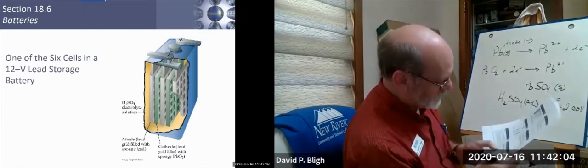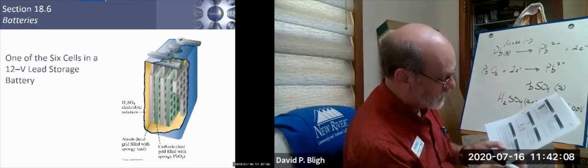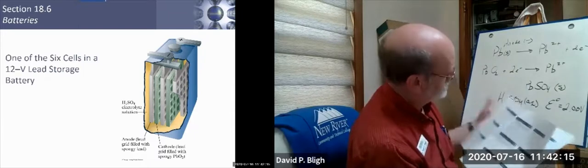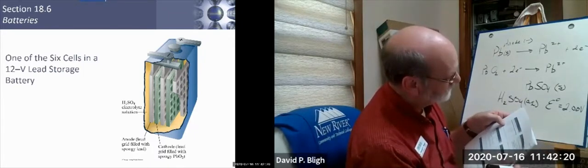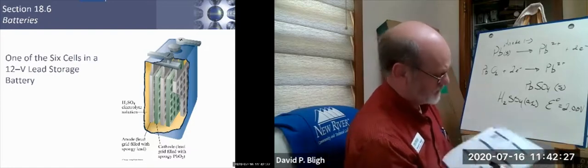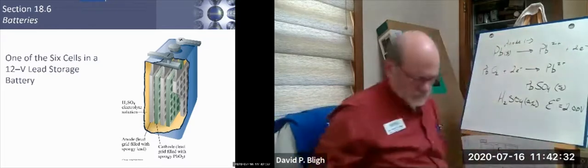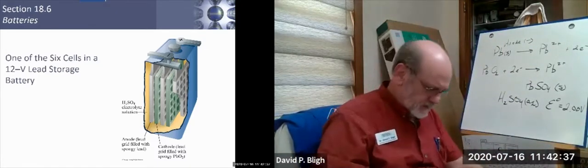Well, the one below it is 1.46, I think. No, that's not right. Yeah, maybe it is. That'd be easier to look it up in the textbook. Here it is.